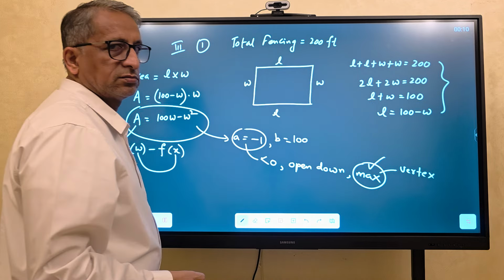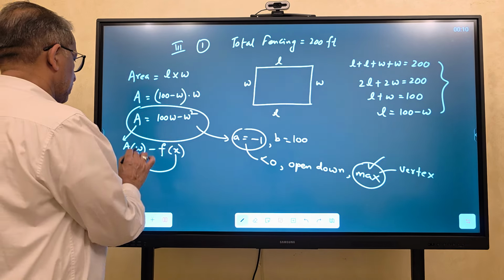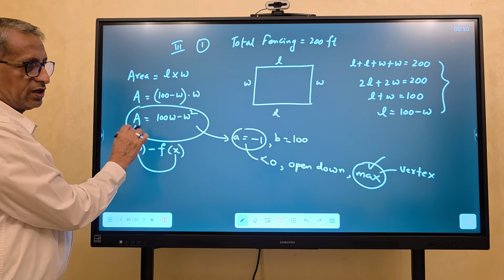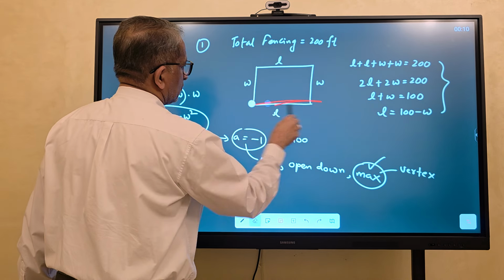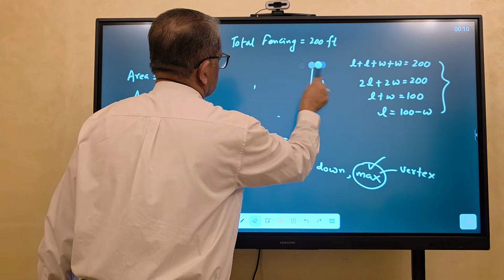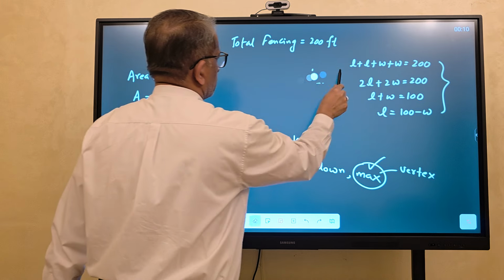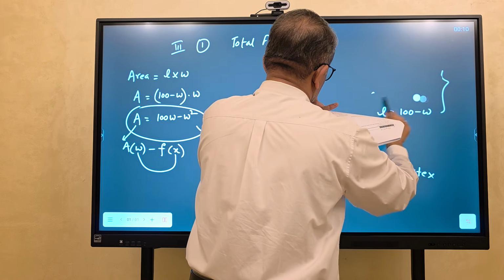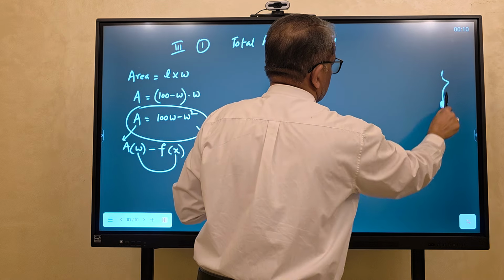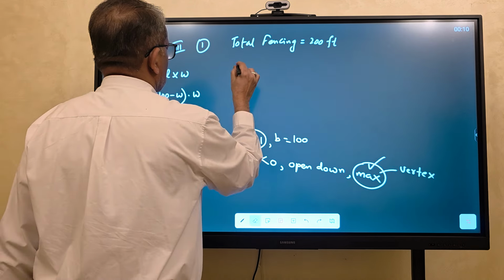The vertex. You know that. So what I will be doing here is finding the vertex of this. The formula is the same. Finding the vertex is nothing but finding the maximum area.